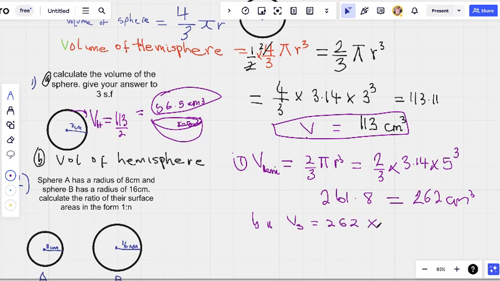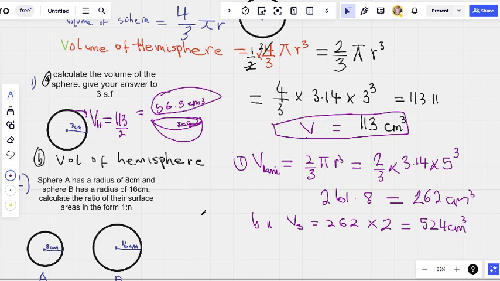Because if you already have the hemisphere with the same radius and you want the sphere, you just multiply the answer by 2. So you get 524. This will be the volume of this sphere that has a 5 centimeter radius: 524 centimeter cube.